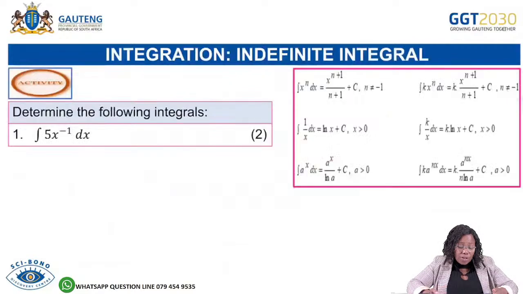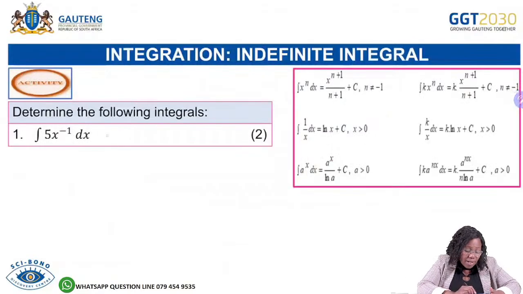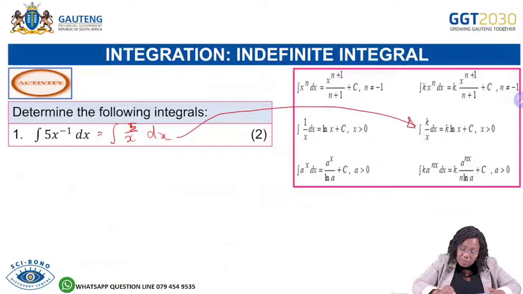Then we move to integration. With integration, remember, you only relate your question to the rule that is suitable for that. If you look at this one, this integration is the same as the integral of 5 over x dx. Can we relate this to the rules we are having? You can see that it is the same as that one. So the answer must be what?